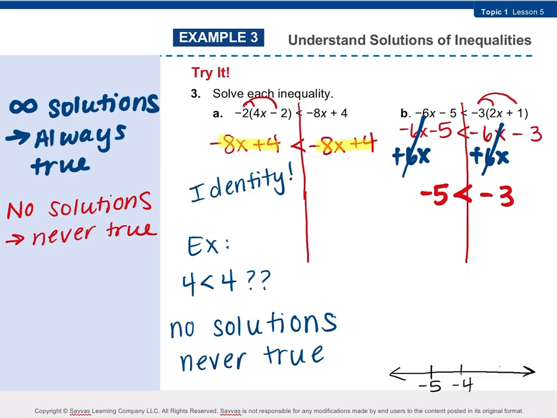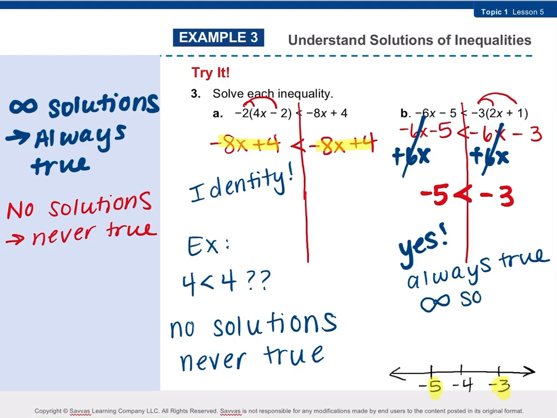Maybe you have to put it on a number line. And I'll see, yes, that's true, right? Negative 5 is smaller than negative 3. It's further to the left. Maybe keep going back to where you drew that first number line. Yes, always true. So that means that it's infinite solutions.